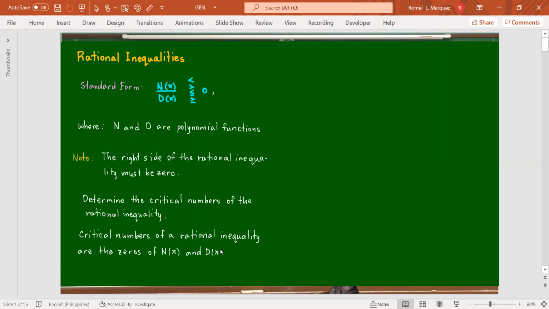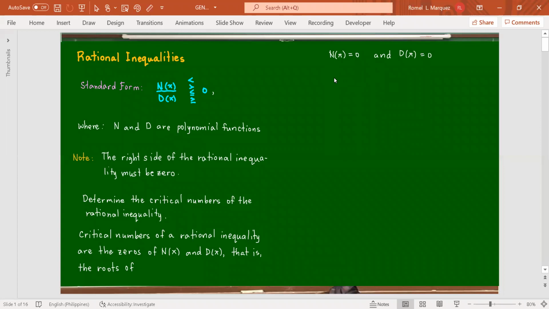That is, the roots of the following equations: n of x equals 0 and d of x equals 0. Again, when you solve these equations, numerator equated to 0, denominator equated to 0, the roots will serve as the critical numbers. Okay, guys?